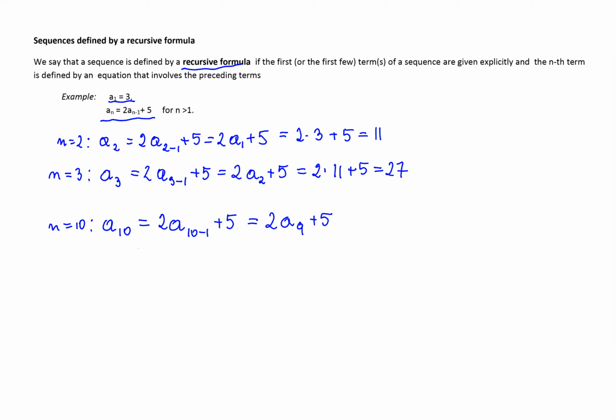So you can see here that to compute the value of a sub 10, we need to know the value of a sub 9. And to have the value of a sub 9, we need the value of a sub 8, and so on. So when a sequence is given by a recursive formula, we cannot find the value of an arbitrary term without finding values of all the preceding terms.